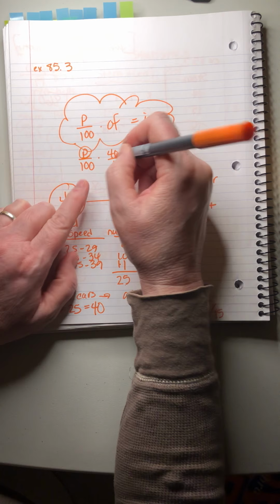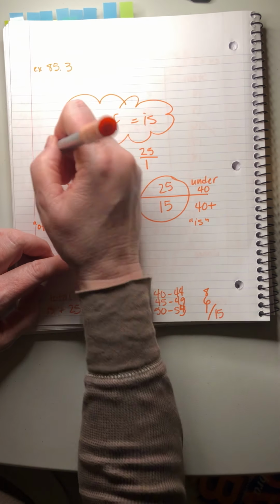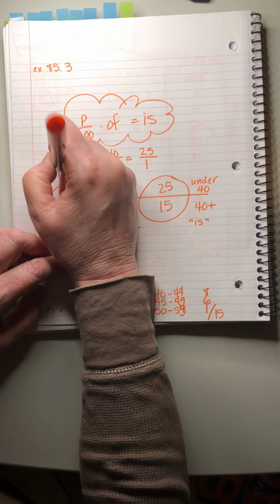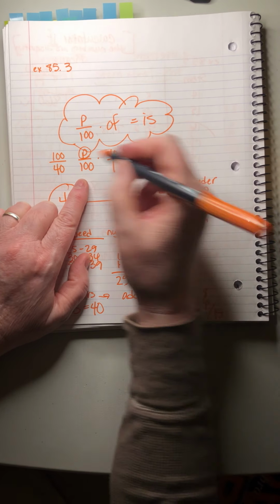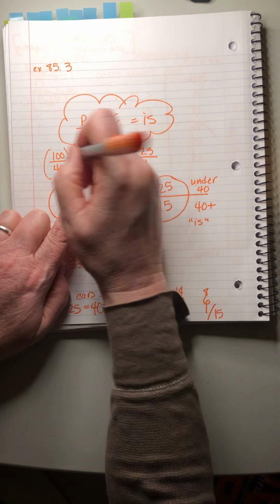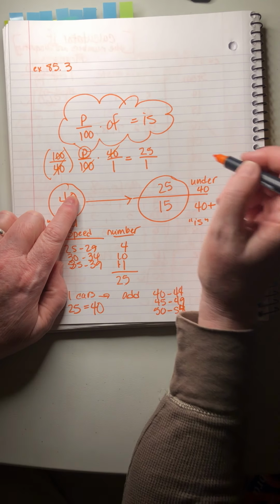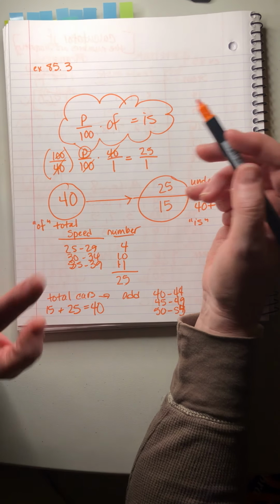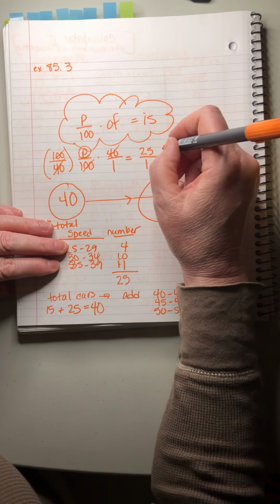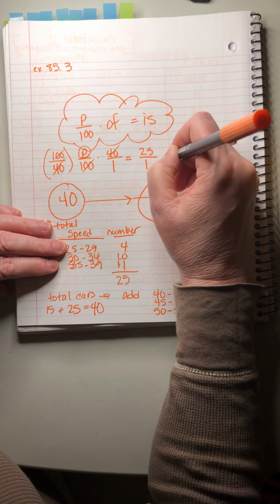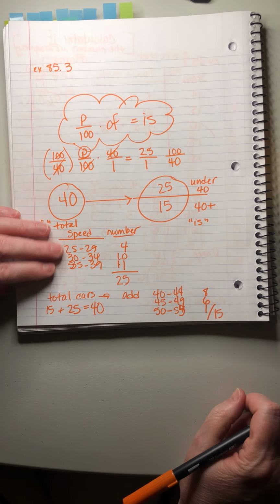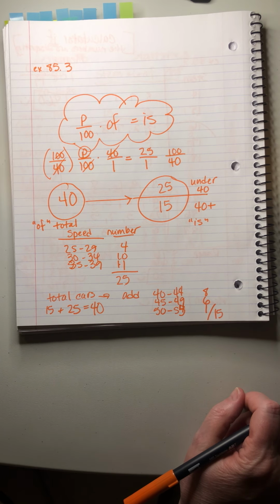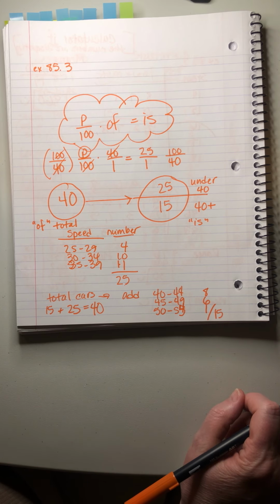To isolate the P, we need to multiply by the reciprocal because we have fractions, so we don't want to do any actual dividing. This is one I want to multiply by, so this will cancel, and that'll cancel top and bottom. If I wanted to reduce first, I could. I choose not to do that, but it's no big deal. 140. Okay, now let's cancel our hearts out.